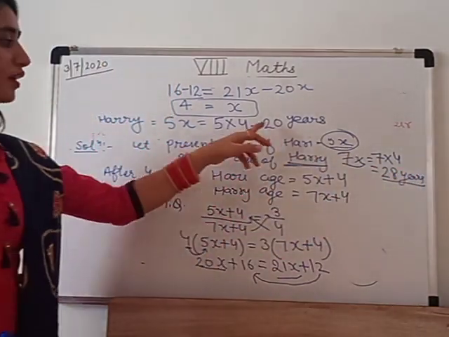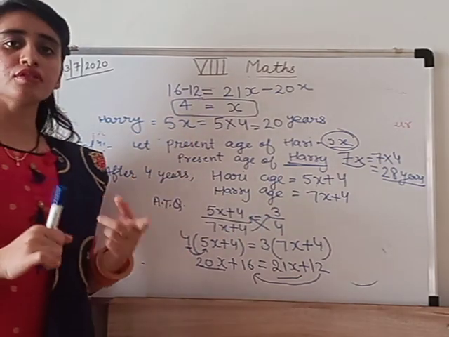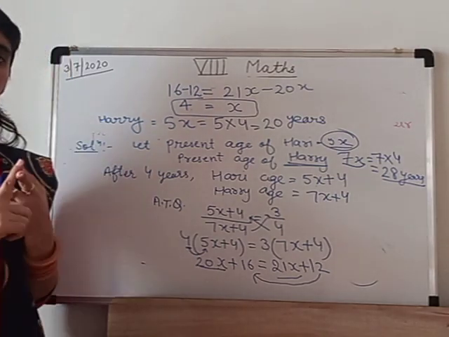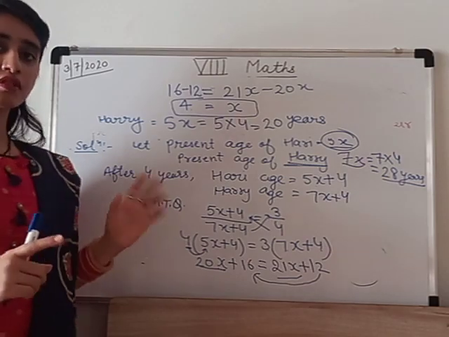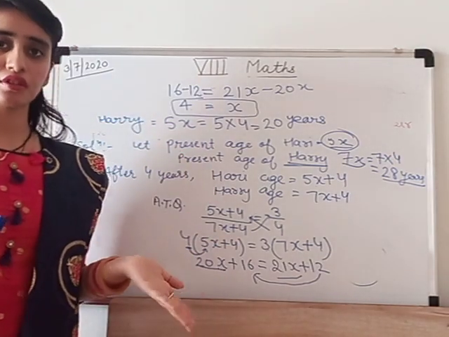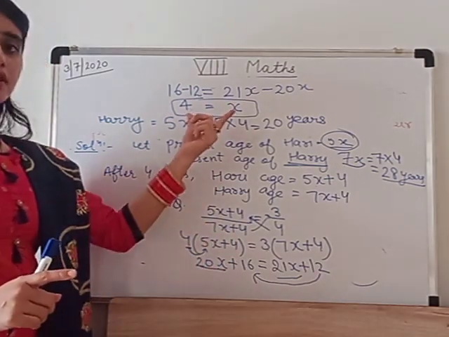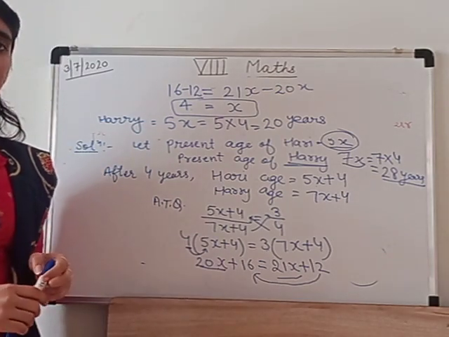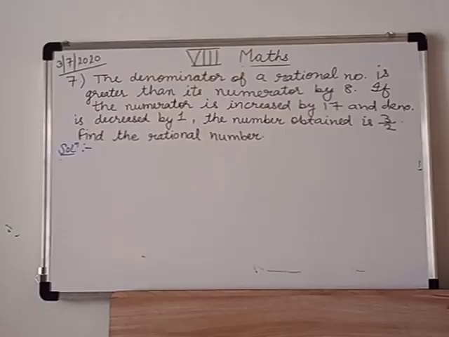This is our answer. This is how we solve word problem questions: first, prepare a linear equation according to the situation given in the question, then solve the equation and find the answer. Understood? Now let's start with our next question.